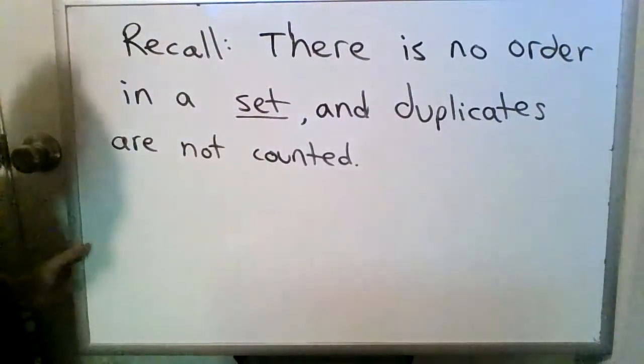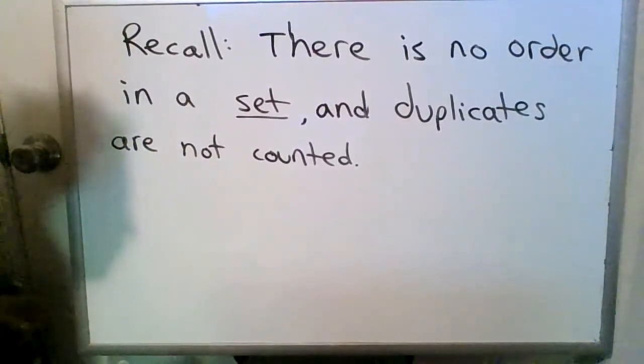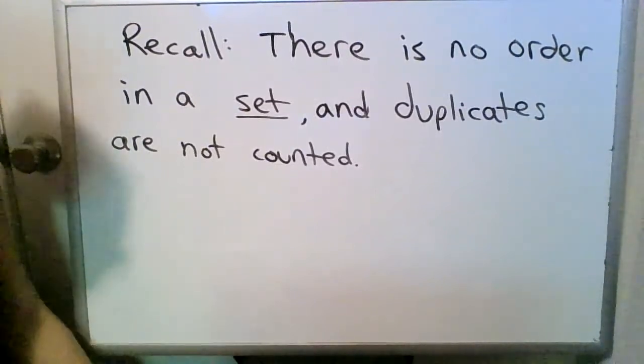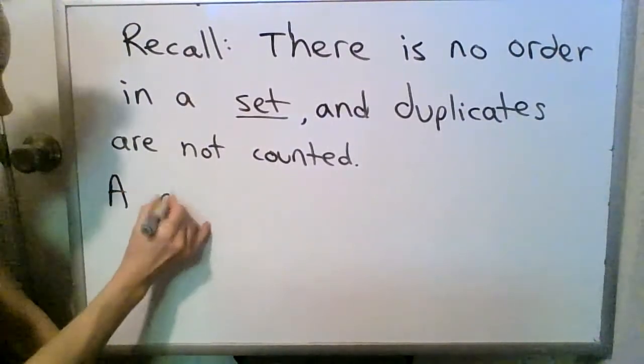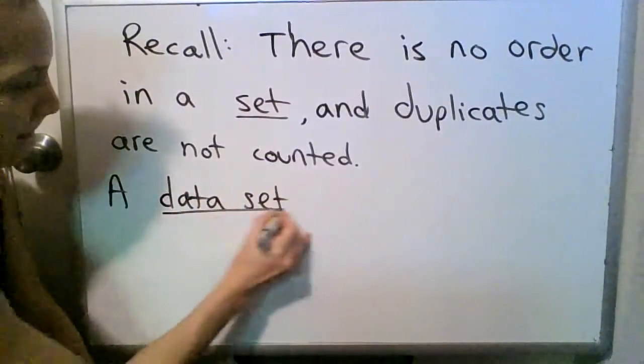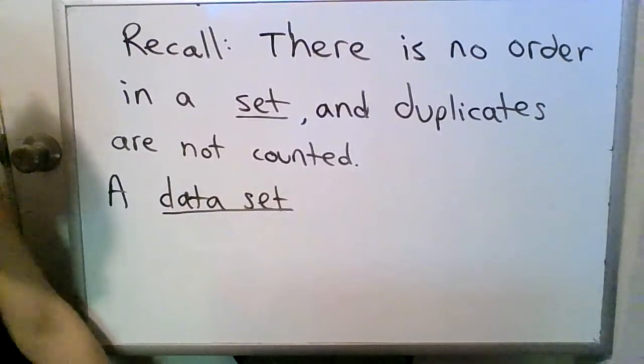Okay, so what we're going to start talking about now is more of a list instead of a set, but it's kind of called a set, but it's not really a set. It's a data set. Okay, this is a collection of numbers that represent values obtained from a population.